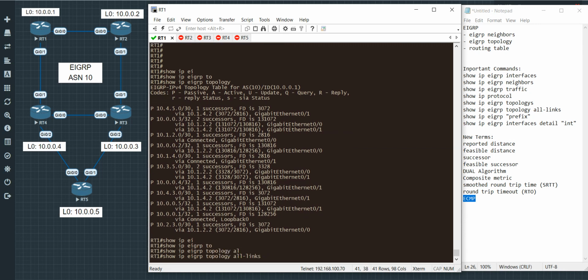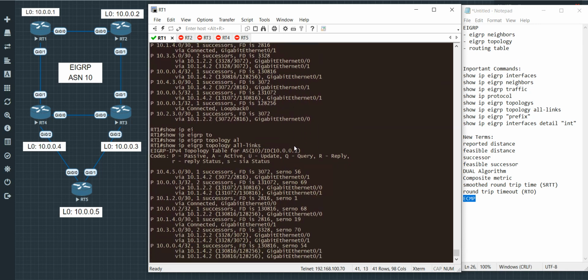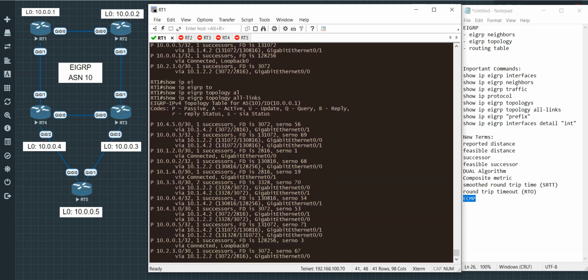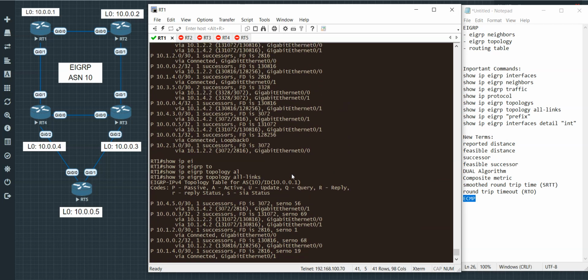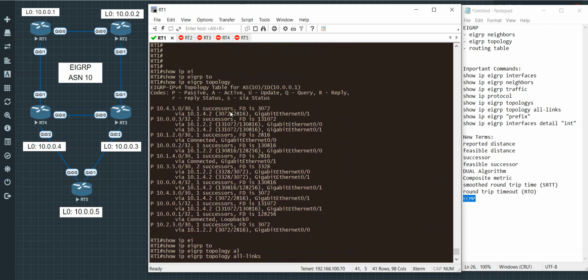These two commands reference the same database, the same table. The only difference is that when you run show ip eigrp topology, it's only going to show you the routes that are considered successors and the routes that are considered feasible successors.